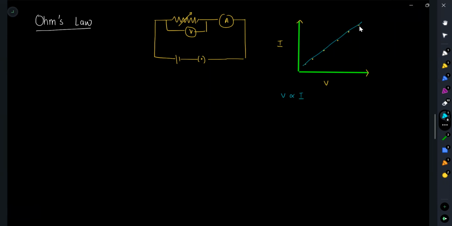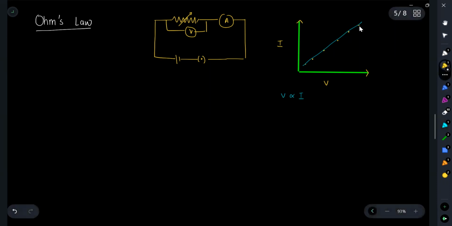Okay. So this is what the Ohm's law states, that the current in the circuit and the potential difference across the terminals is equal to a constant or is directly proportional. Okay. So this is how we write it. So let's write the definition of this. By the way, this is the experimental verification of a circuit.